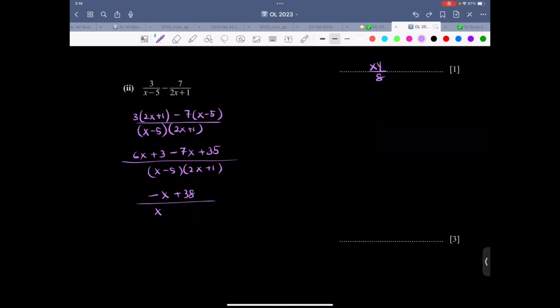Let me write it properly. So therefore, (38 minus x) over (x minus 5)(2x plus 1). No need to multiply out the denominator. Something like that.